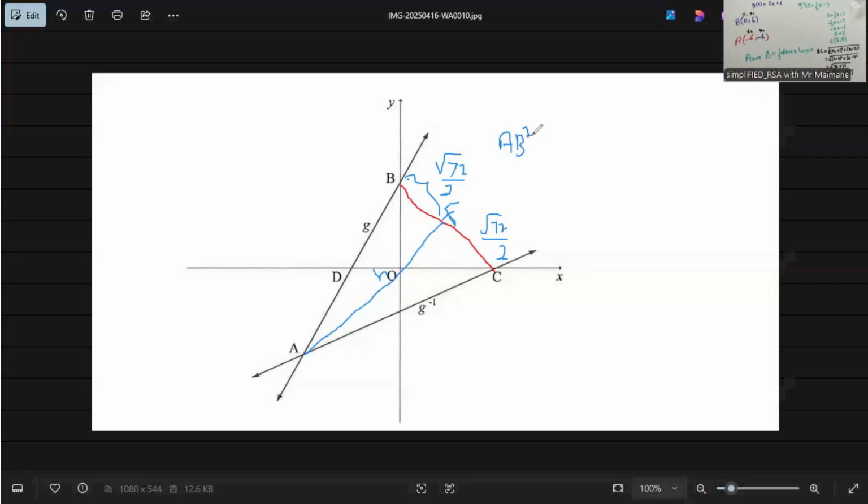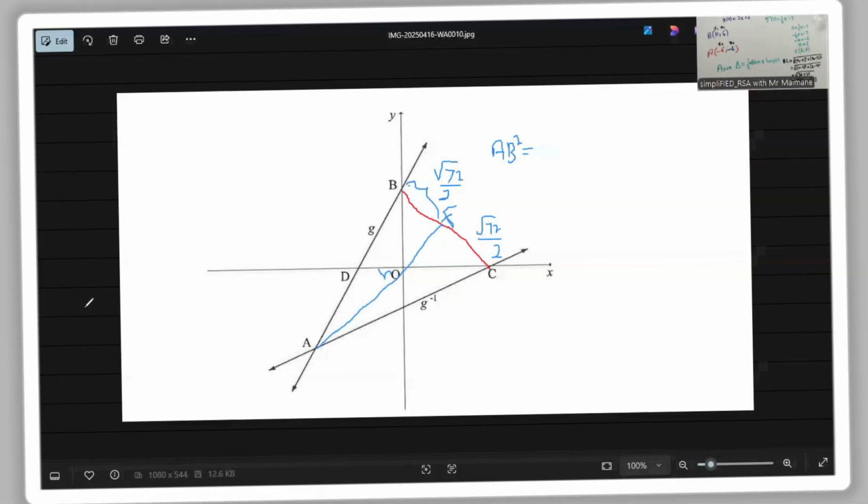AB squared is equal to h squared plus BF squared. I'm using Pythagoras for this triangle here, because I know the values. So now let's calculate that. We're trying to get our h for the height.